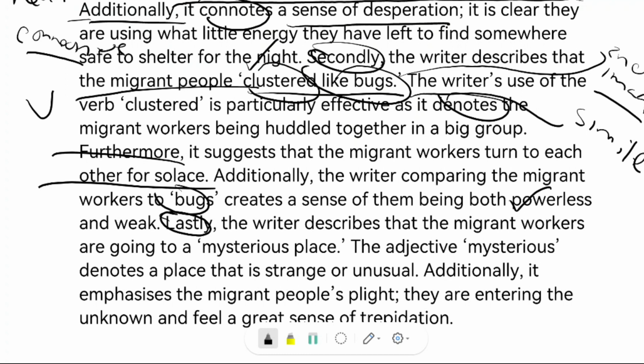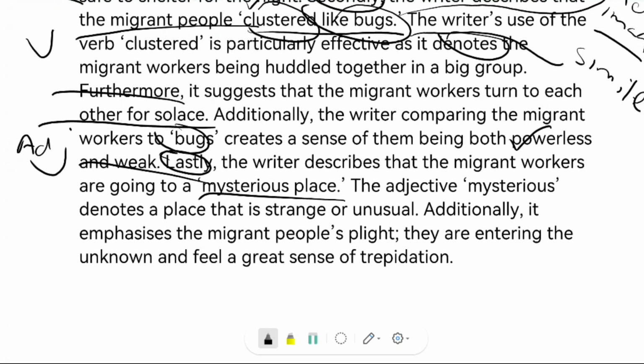My last connective. Lastly, the writer describes that the migrant workers are going to a "mysterious" place. Not an image as such, but certainly we can look at that adjective and what it denotes and what it connotes. So the adjective, "mysterious", so again I'm using the zoom in technique, denotes a place that is strange or unusual.